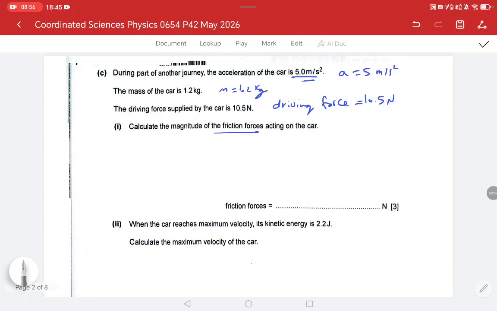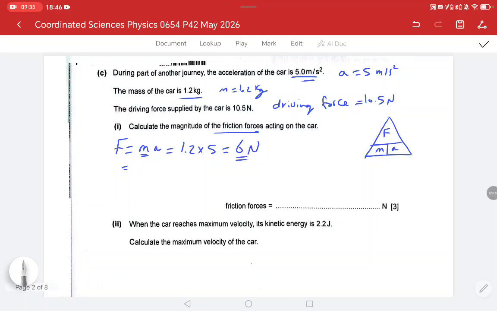What we know in Newton's second law, let's make the triangle, is that F equals M times A. So F should be M, 1.2, let's write the formula, M times A. So 1.2 times 5, this one should be 6 newtons.